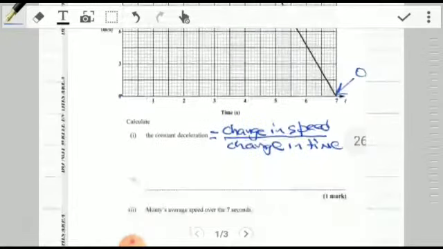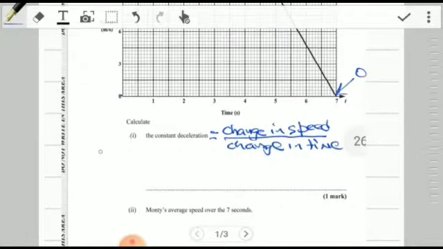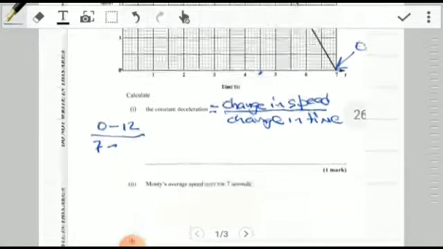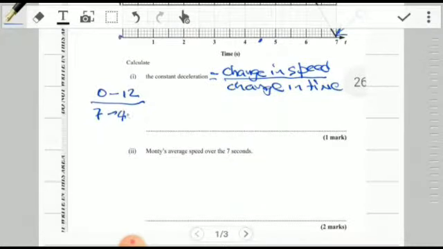For the change in speed, you subtract: 0 minus the 12, the last one minus the first one, over 7 minus where it started. It started at 4.5, so 7 minus 4.5. This is what we set up.